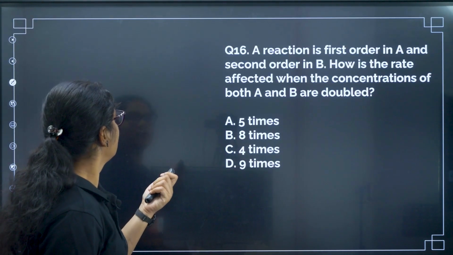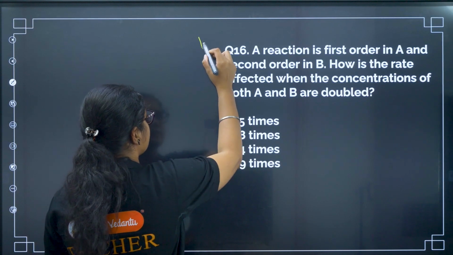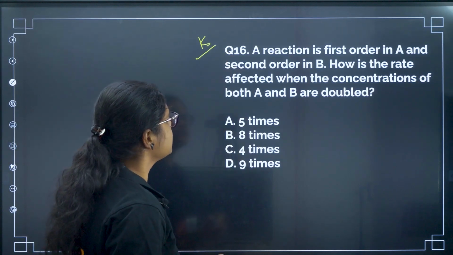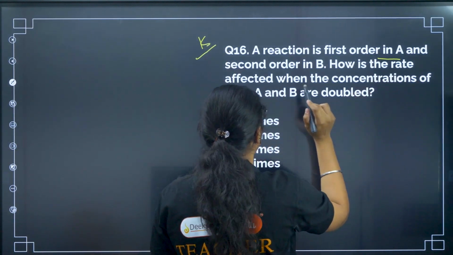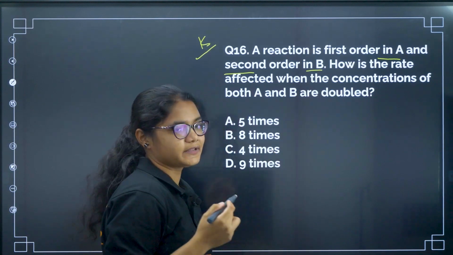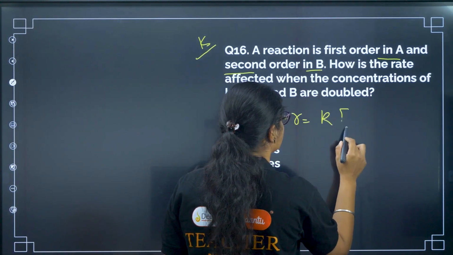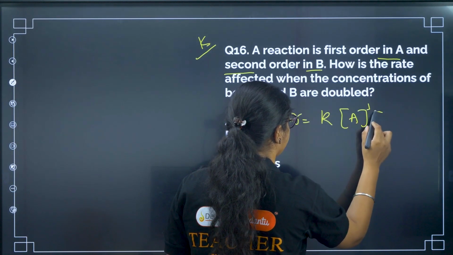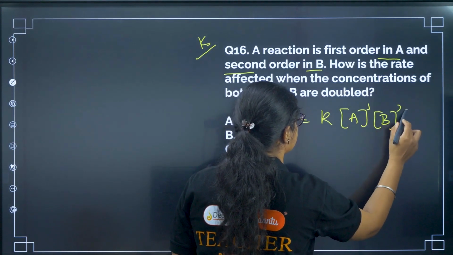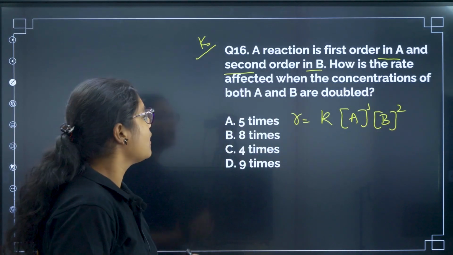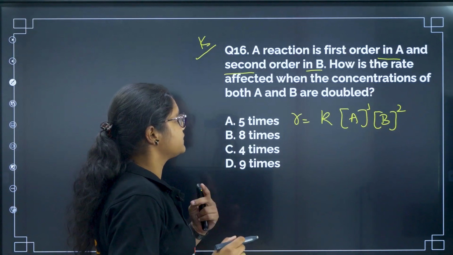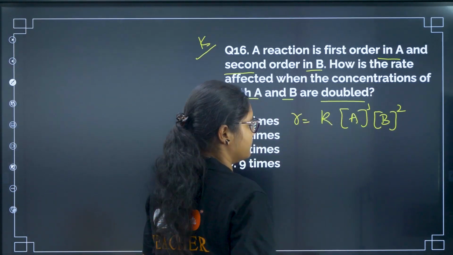Okay, next. Okay, again a kinetics question. Reaction is first order in A, okay, and second order in B. So first we can write the rate law. What will be rate? K into A to the first power and B squared, right? Now how is the rate affected when the concentrations of A and B are doubled?